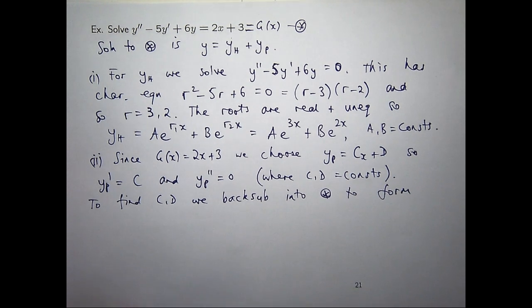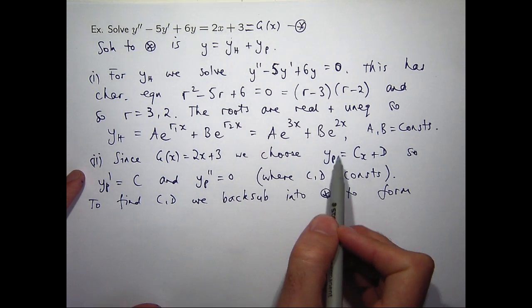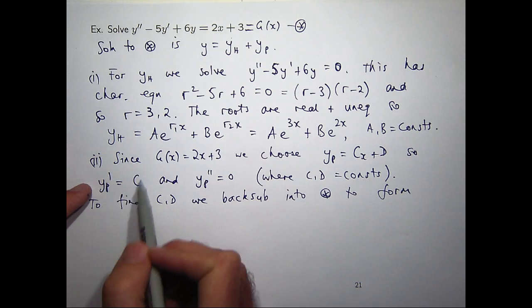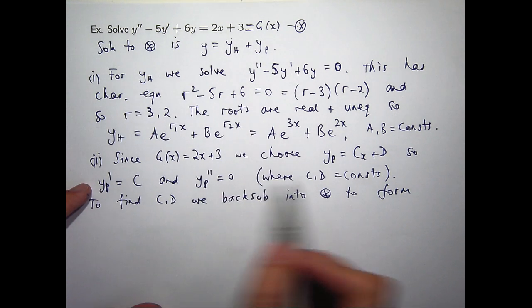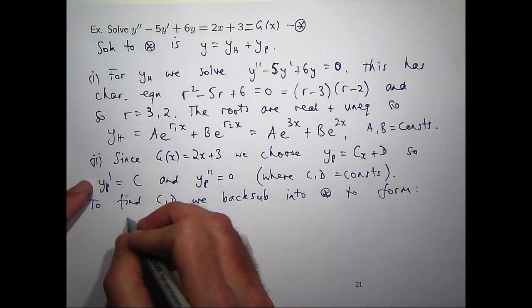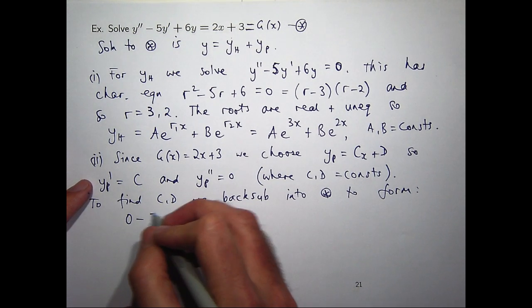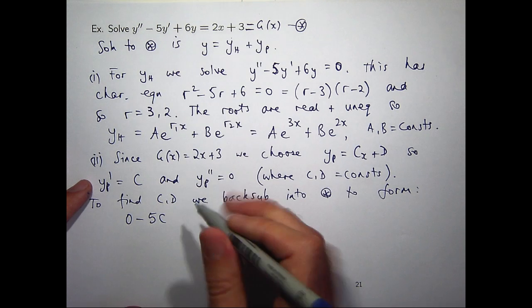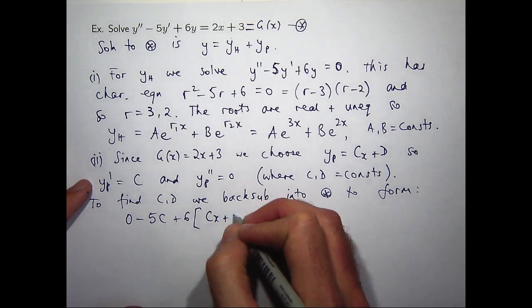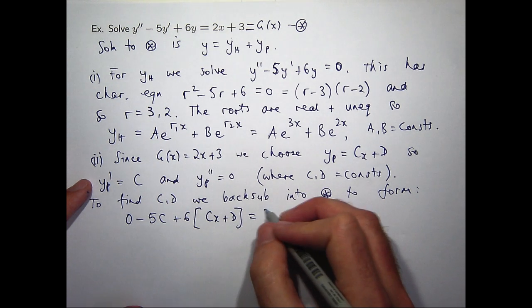So wherever we see y, we're going to replace it with cx plus d. Wherever we see y dash, we're going to replace it with c. And wherever we see y double dash, we're going to replace it with 0. So star is going to become 0 minus 5c plus 6 times this equals 2x plus 3.